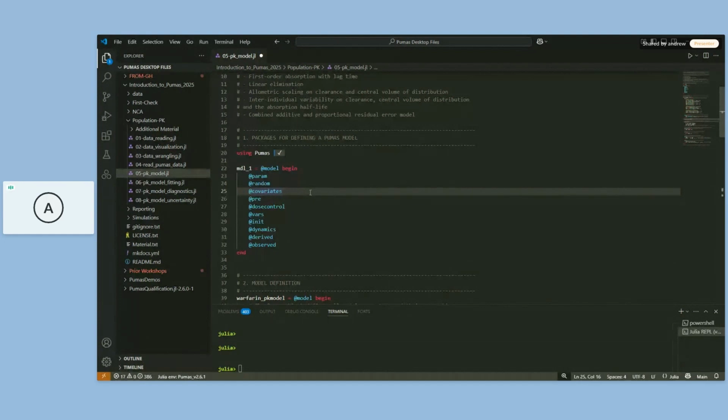The pre-block, initially, I didn't understand: well, what does pre mean? Really, this is pre-processing of the variables needed for your dynamics section. If you jump ahead, the dynamics section is the actual dynamics of the model, which I know can be a 4-letter word for some people, because that's where our differential equations start to come into play.